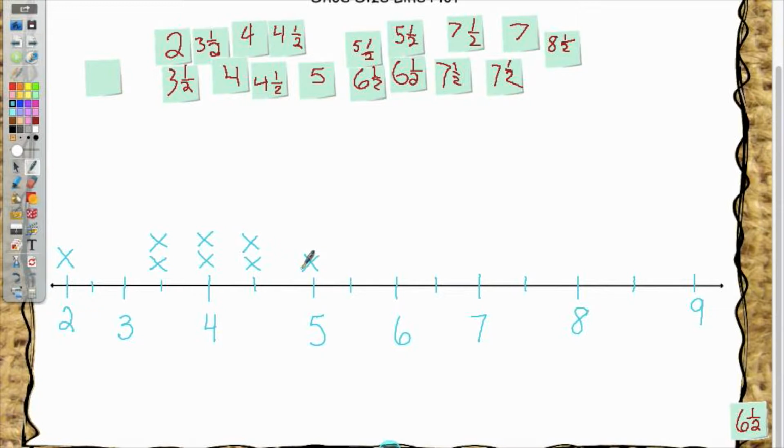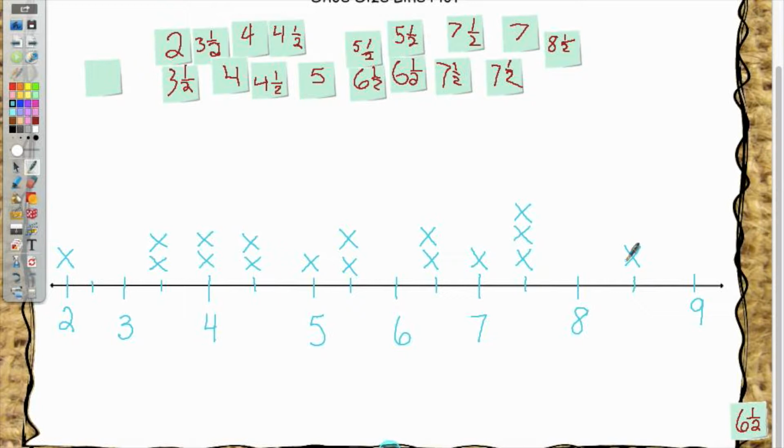Okay. 2 on the 6. What? No, 1. Are there any plain 6s? There's one right there. Okay. 2 6.5s. 1 7. Okay. 2 7s. 3 7.5s. And 1 8.5.